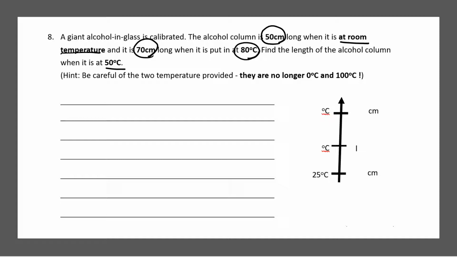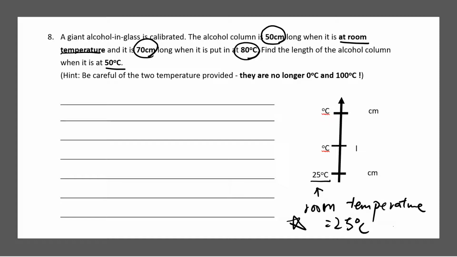So first of all, let's draw the calibration graph. Now 25 degrees Celsius is actually the room temperature. In physics, you have to be aware that whenever we write down room temperature, that must equal 25 degrees Celsius. That is very important.